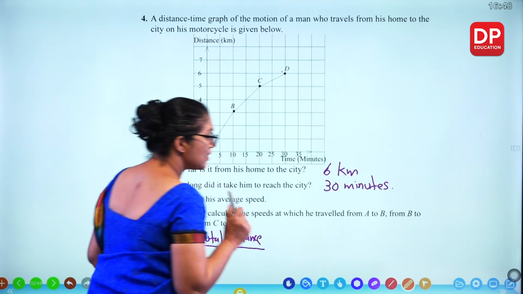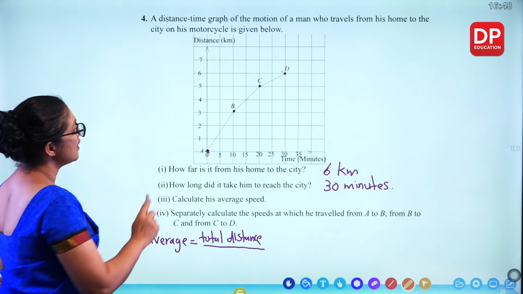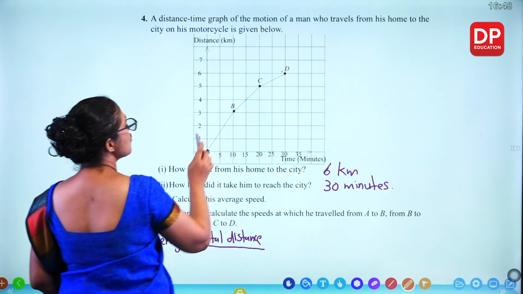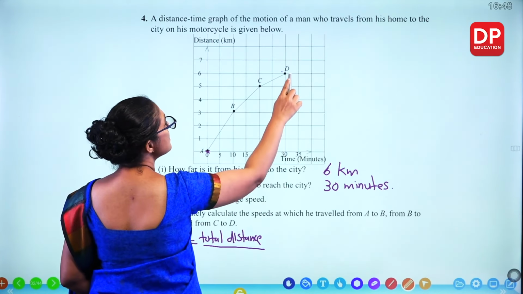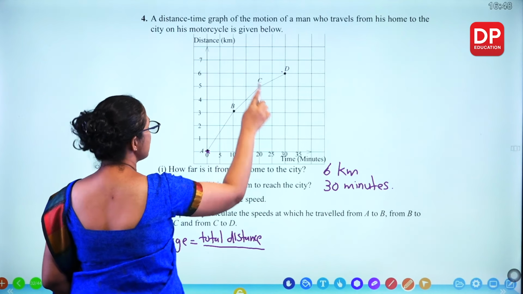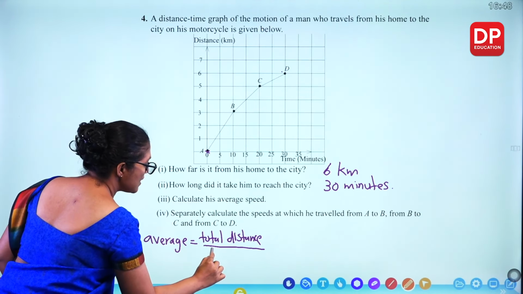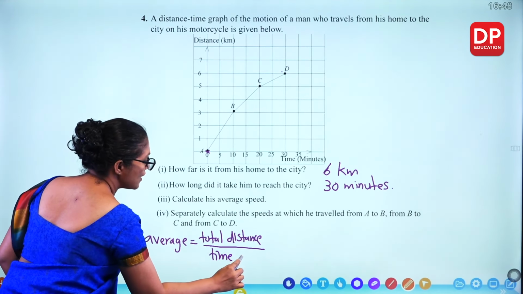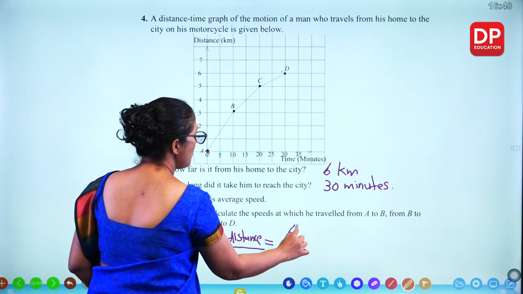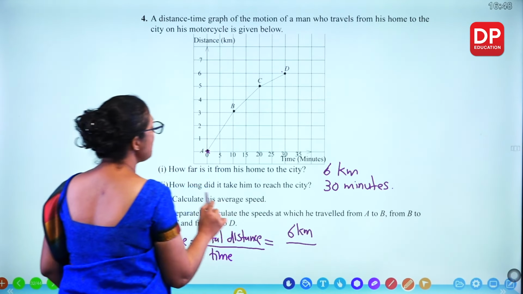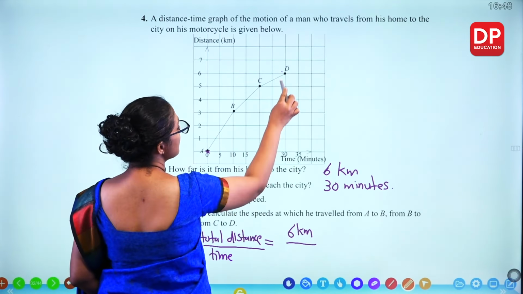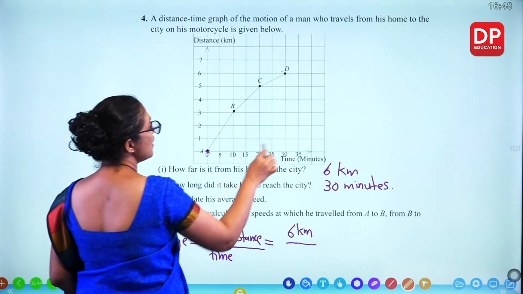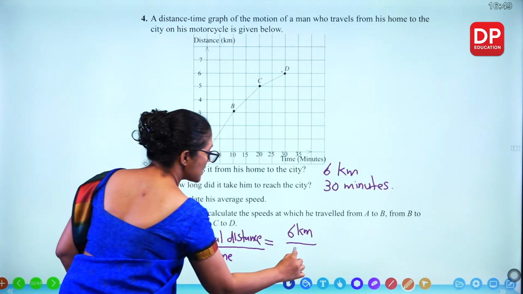for the travelling. So here always he travels. So what's the total distance? Total distance is 6 kilometers and time for travelling. So 6 kilometers divided by the time for travelling, that's here up to here 30 minutes.